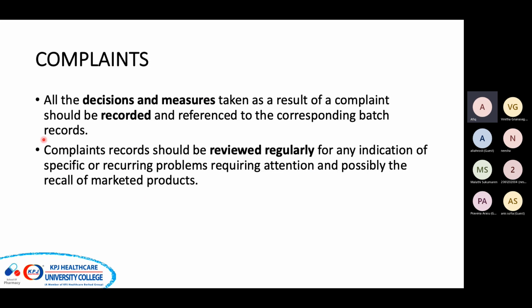So if you already have a history of product complaint, the problems that arise from the complaint have to be reviewed regularly. That means the person in charge, especially in the production or maybe in the packaging, have to make sure that they are aware of what problem arise that leads to the customer complaint, just to avoid the problems from recurring again.